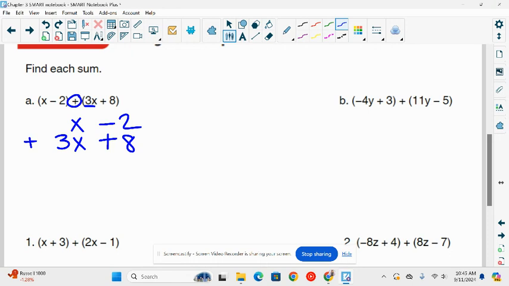And I'm going to add them because this is an addition problem. To keep things separated so I can see it easier, I'm going to make it into categories. Do you see this is my constants and this is my variable section? Okay, now I can just add.